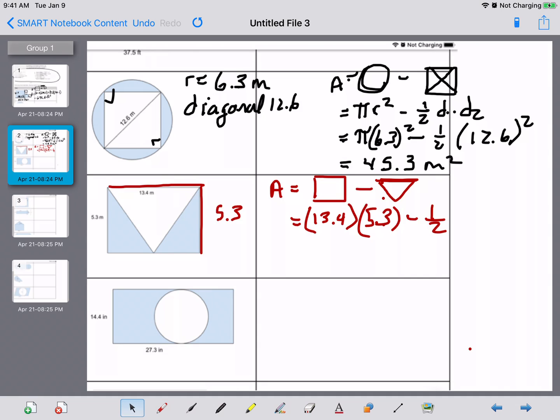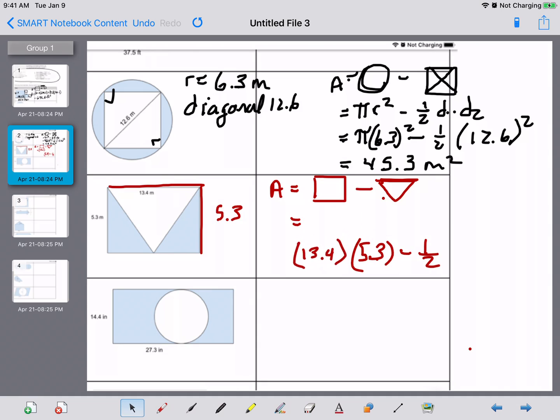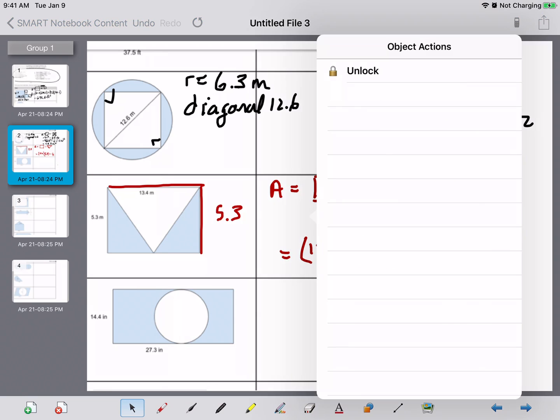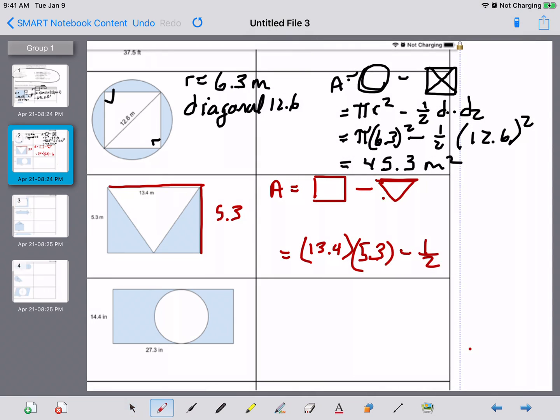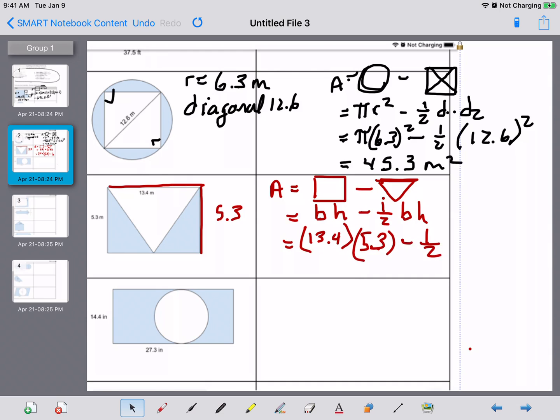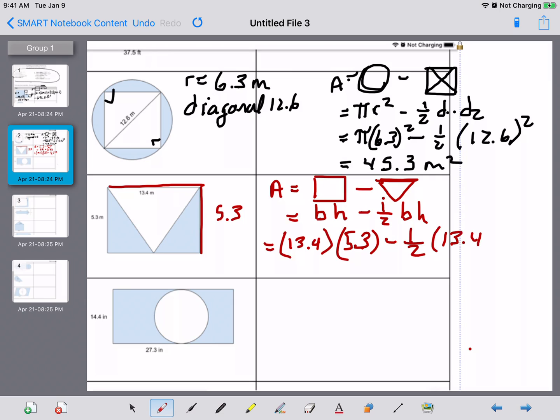Remember, this is equal to base times height, and this is minus 1/2 base times height. My base again is, excuse me, 13.4 for my base and 5.3 for my height.